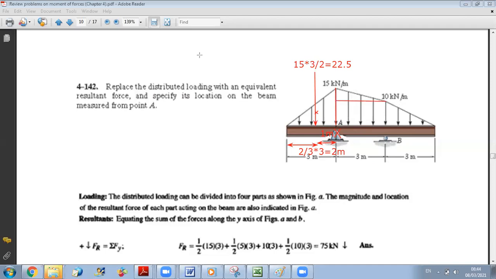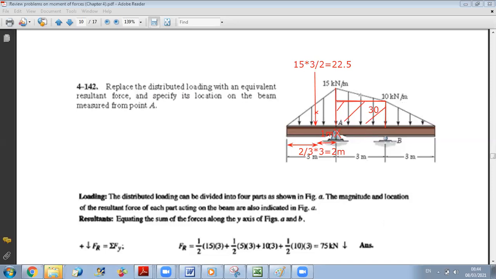So for the rectangular part, the height here is 10 kilonewton per meter, and the length here is 3. So for your rectangle, you have 10 times 3, it is 30. So the force of the rectangle will be equal to 30. And it should pass by the centroid of the rectangle, so just at the middle.